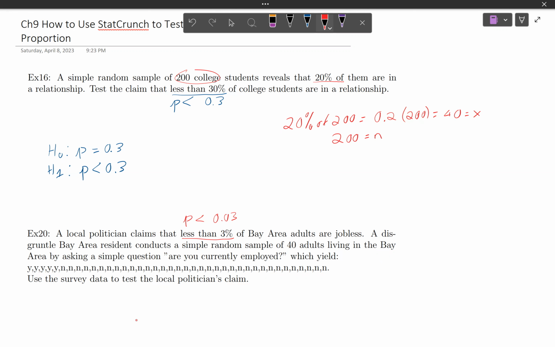The raw data. We're going to use the raw data to test the claim. Here come the hypotheses. H0, H1. In H1, we have P less than 0.03. In H0, we can only use equality, so that would be P equal to 0.03.